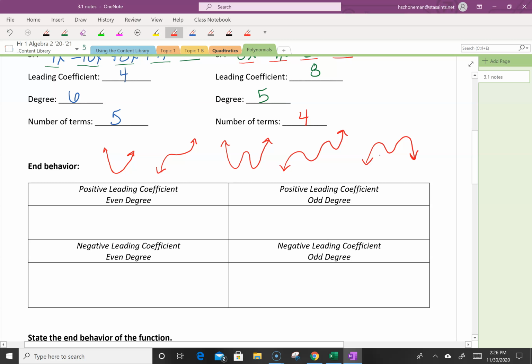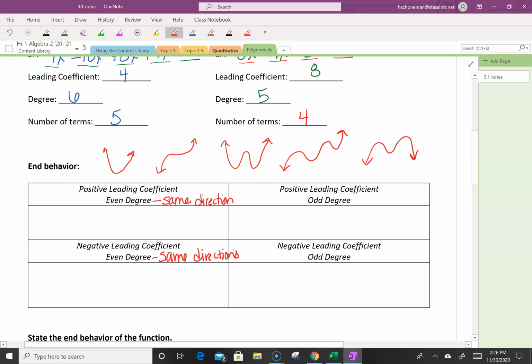And if we look at the degree of the polynomial and also the leading coefficient, we can tell. Anytime the degree is even, the end behaviors are going to be the same direction. So that means that they're both going to open up or they're both going to open down.